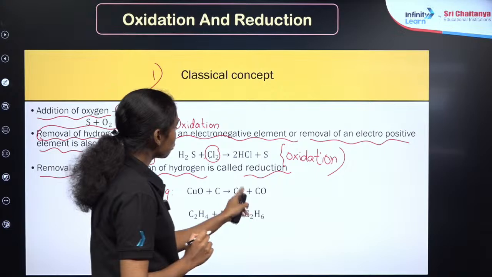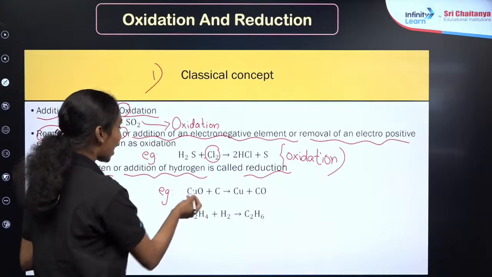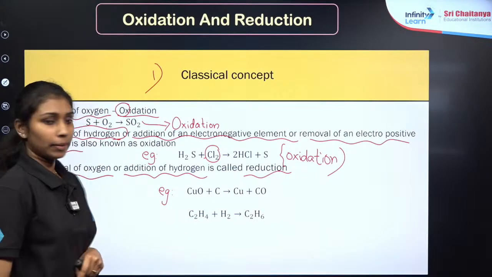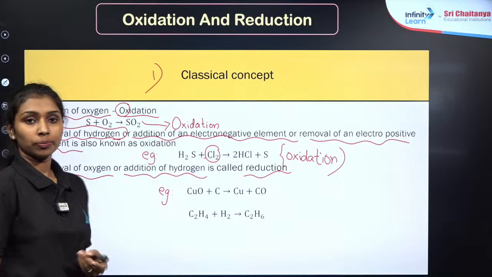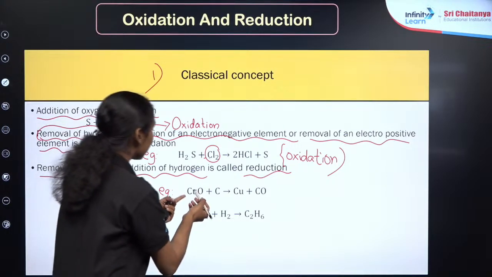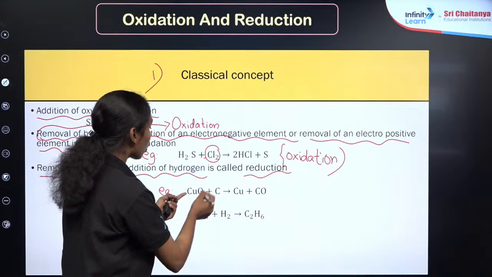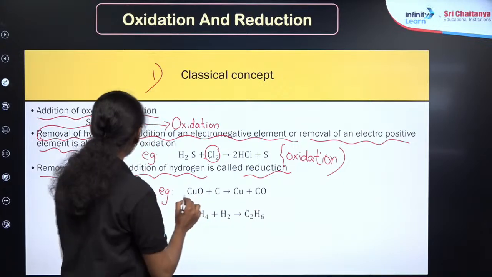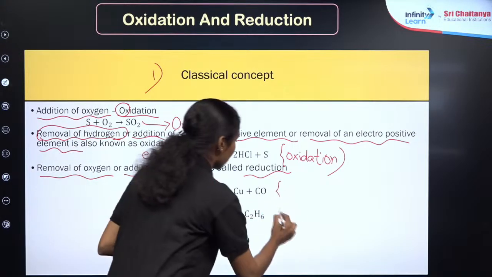CuO plus C gives Cu plus CO. What will happen here in terms of oxygen? Here the copper oxide is losing an oxygen atom to form copper, right? Which means removal of oxygen is also known as the reduction.